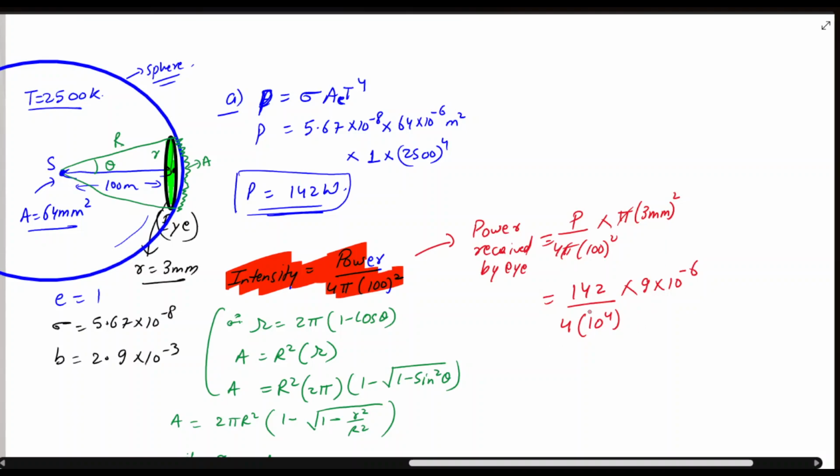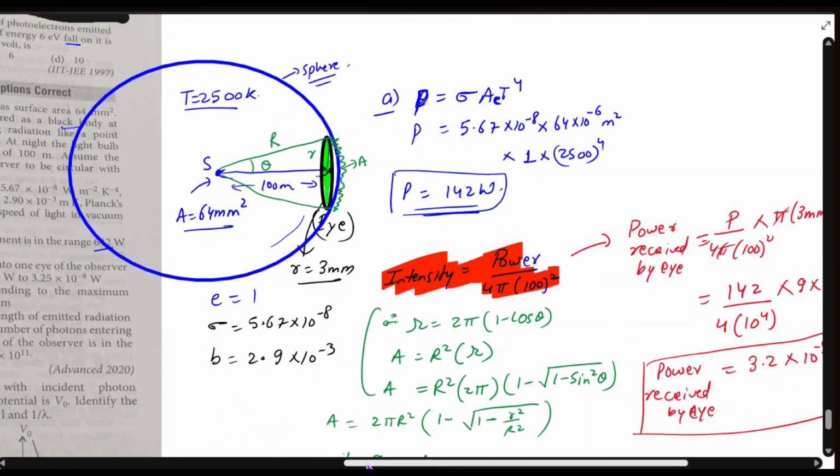Okay, if I use the calculator really fast, it will be approximately 3.2 into 10 raised to power minus 8. So this is the power received by our eye, and this will be the answer for B option.